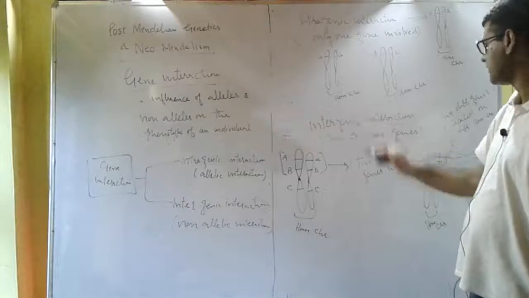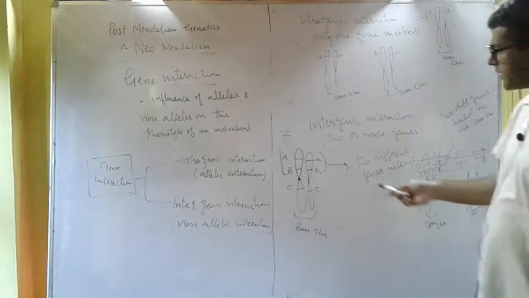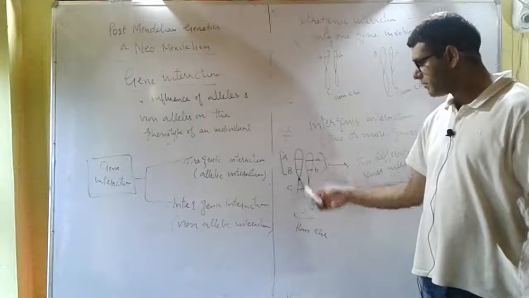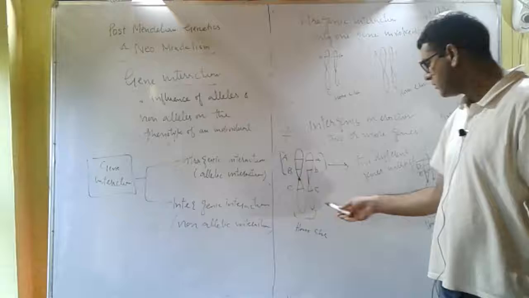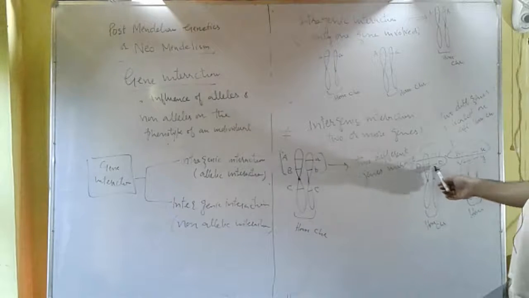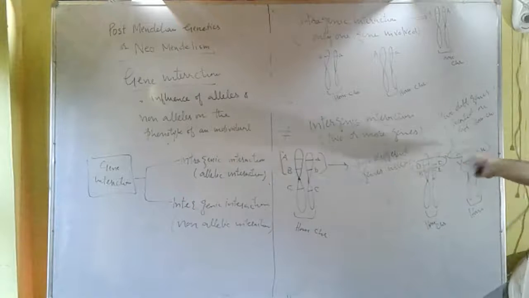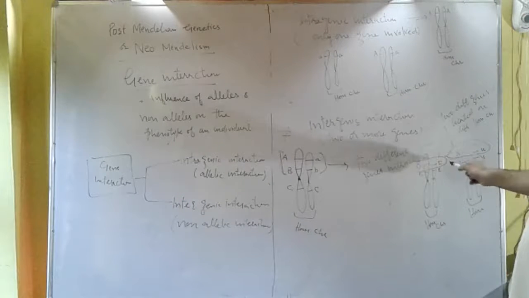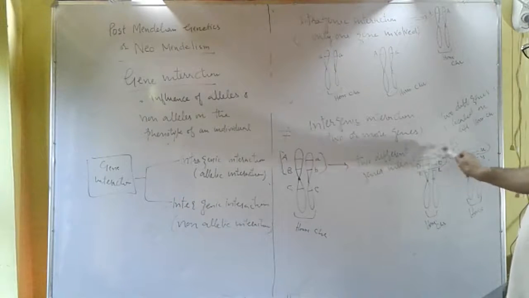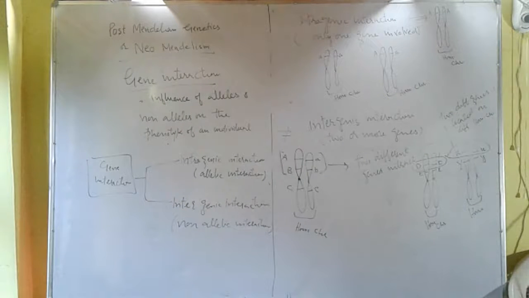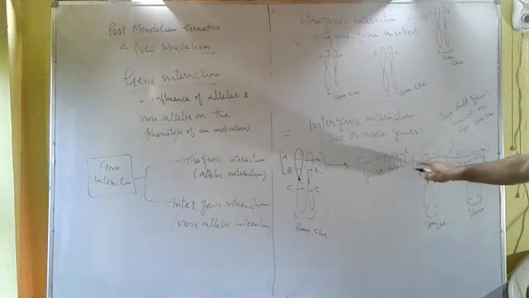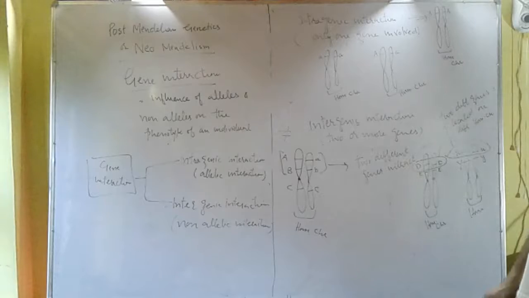This is also an intergenic interaction. So in intergenic interaction, the genes can be present on the same homologous chromosome, or on different homologous chromosomes. This is a non-allelic interaction.